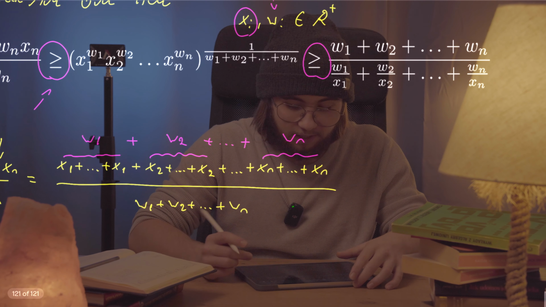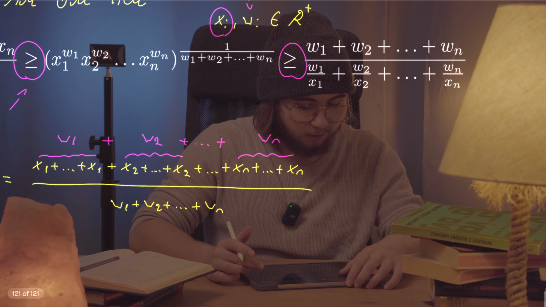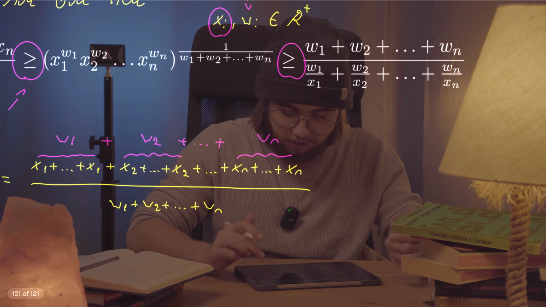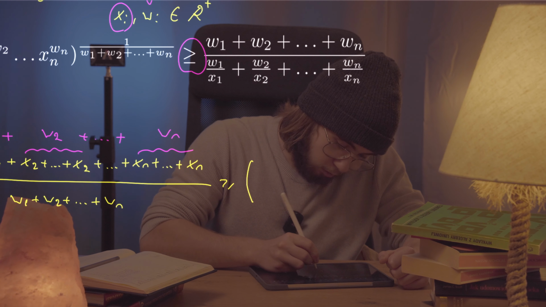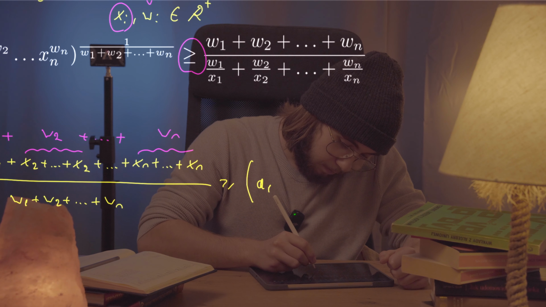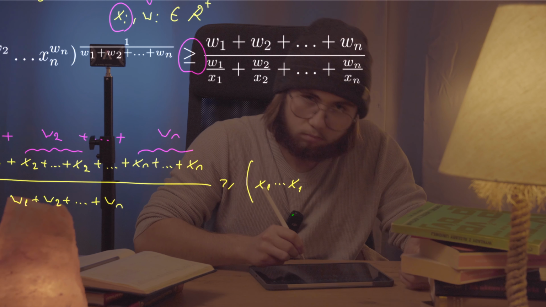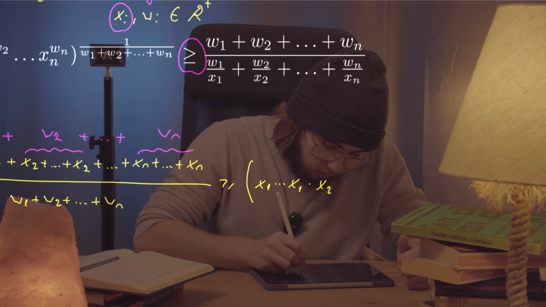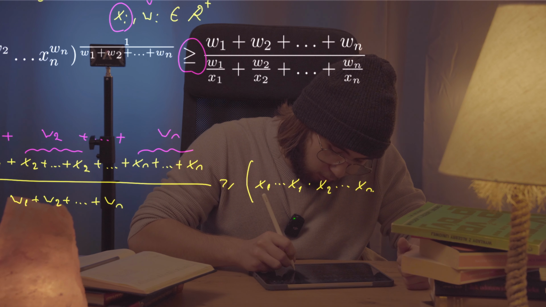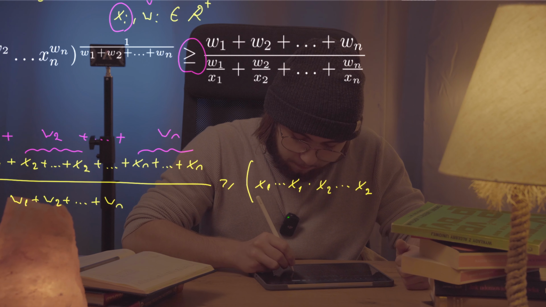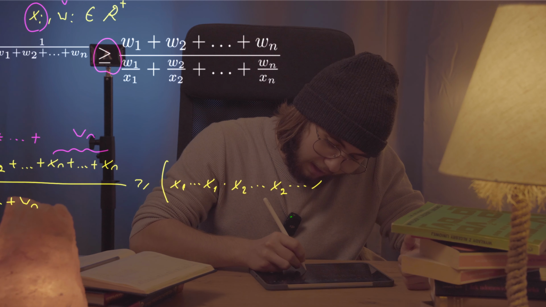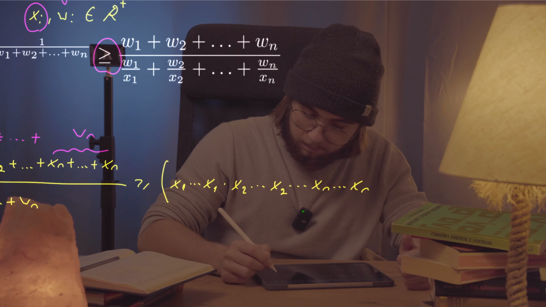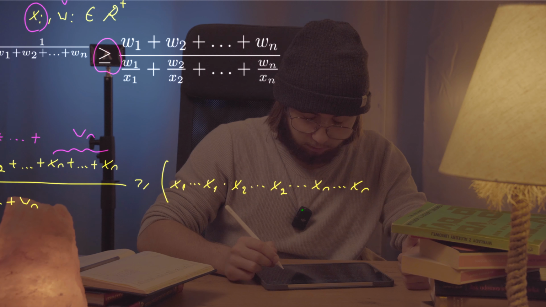And so this is just the arithmetic mean of all of those x1, x1, x1, x2, x2, x2, xn, xn, xn. And so it will be greater than or equal to x1 multiplied by x1 w1 times, then x2 multiplied by x2 w2 times, and then all the way up to xn multiplied wn times.